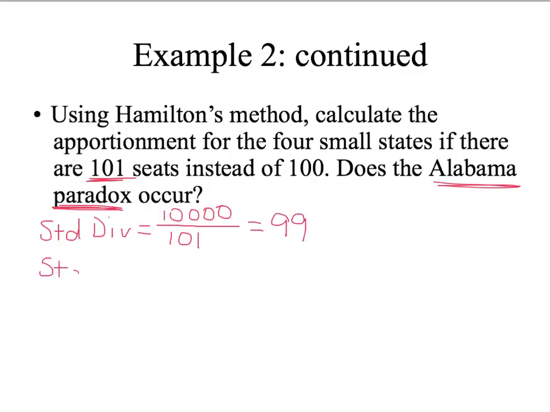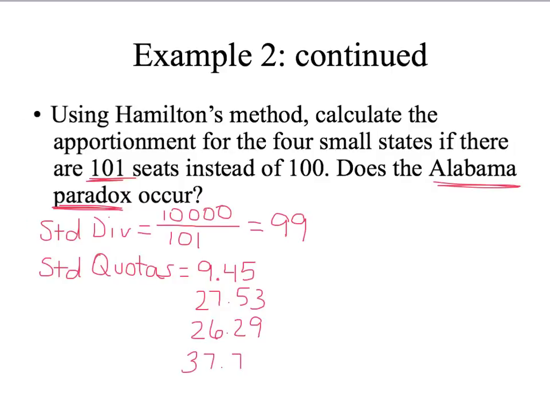It also means we find new standard quotas, dividing each of the populations by 99. And remember, this is the example that we started with at the beginning. 9.45 for state A, 27.53 for state B, 26.29 for state C, and 37.73 for state D.